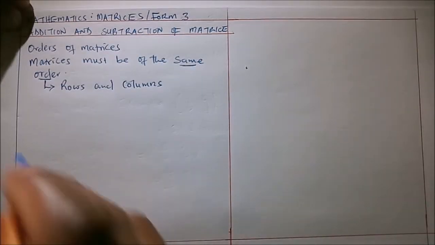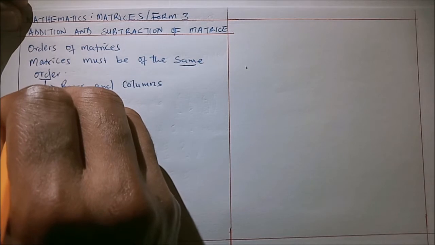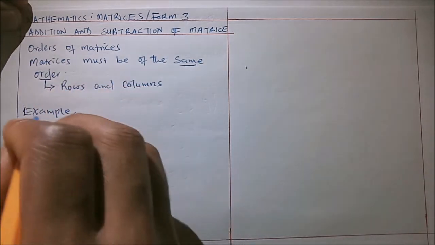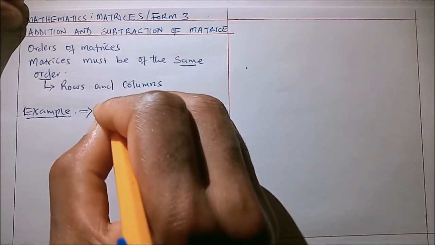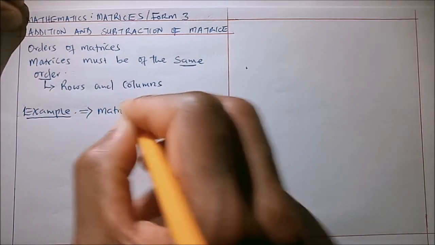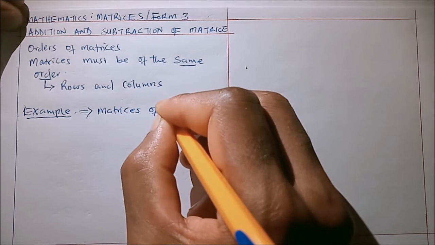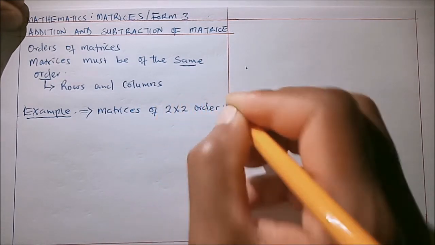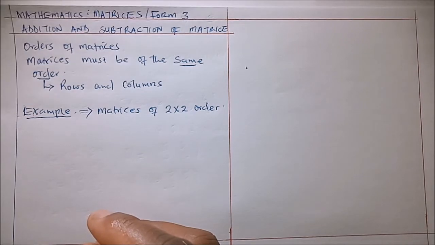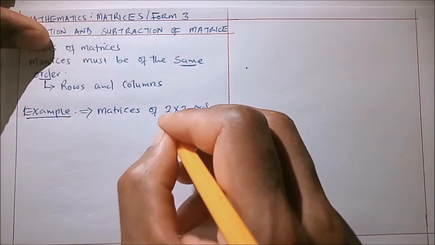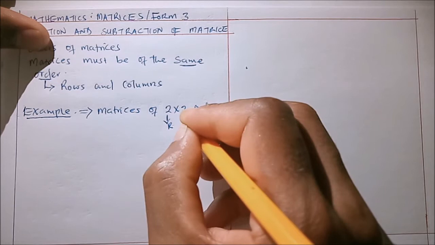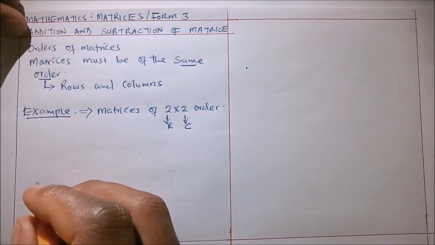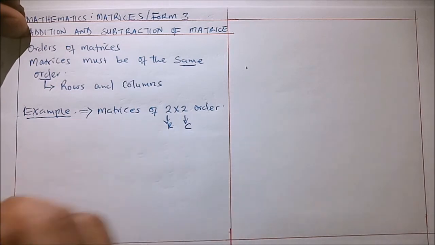Our very first example will deal with matrices of 2 by 2 order, where the first 2 represents the number of rows and the second 2 represents the number of columns. We are going to look at that example here.